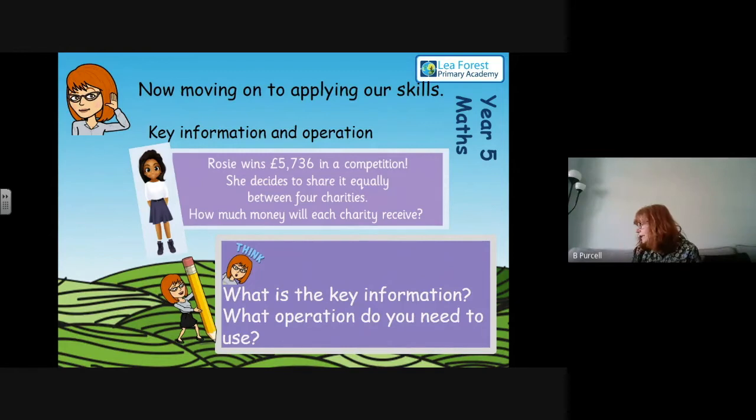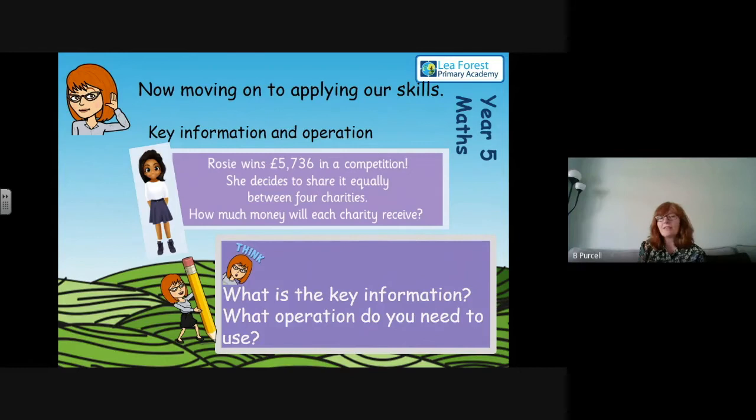Well done, Amy, Summer and Lexi. You've identified the correct operation and the information that I need to use. Abu, I only want to know at the moment what the key information is and what the operation is.